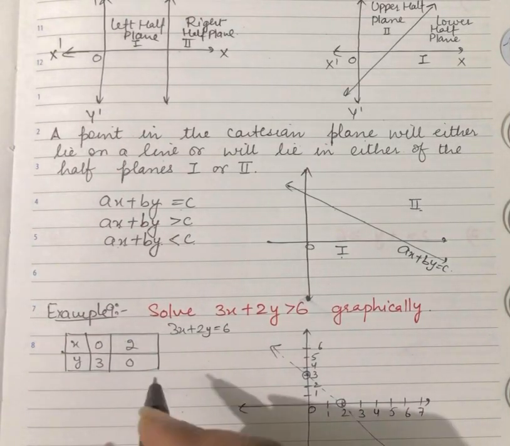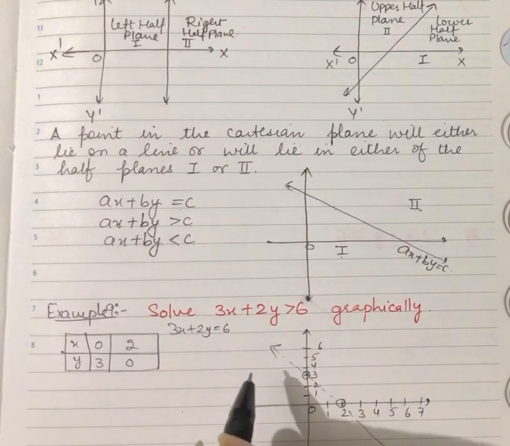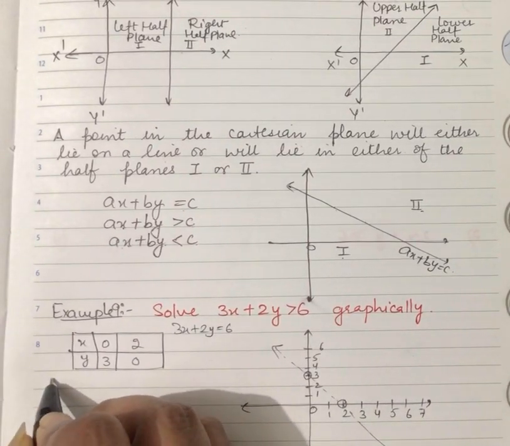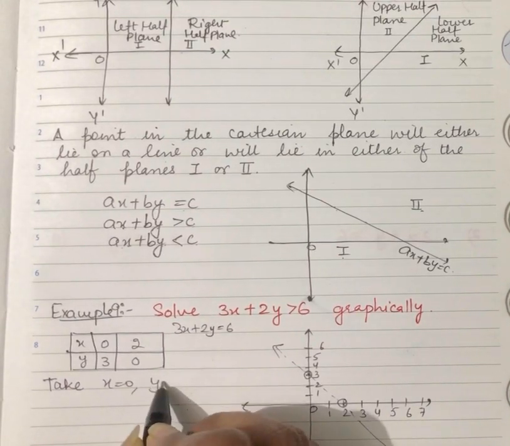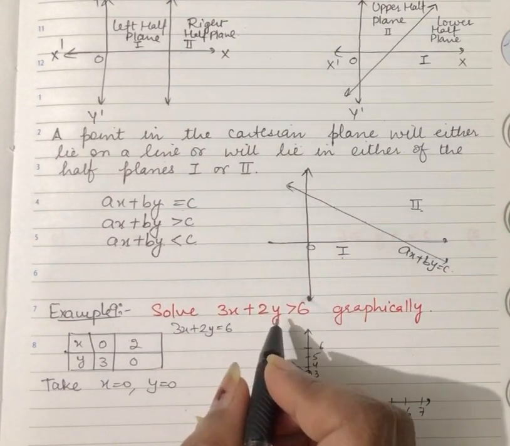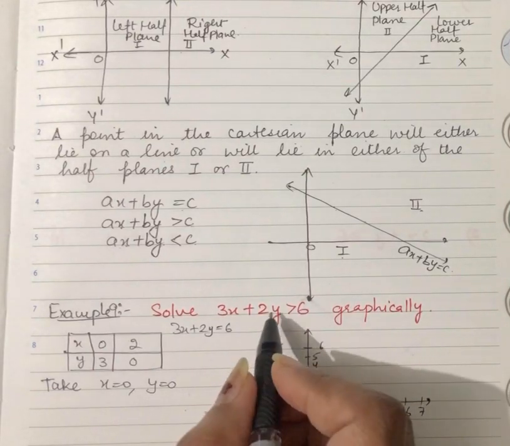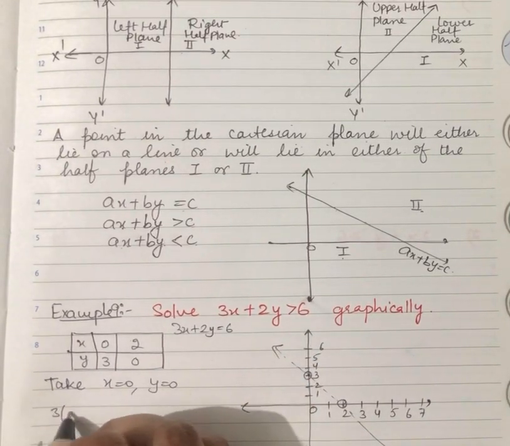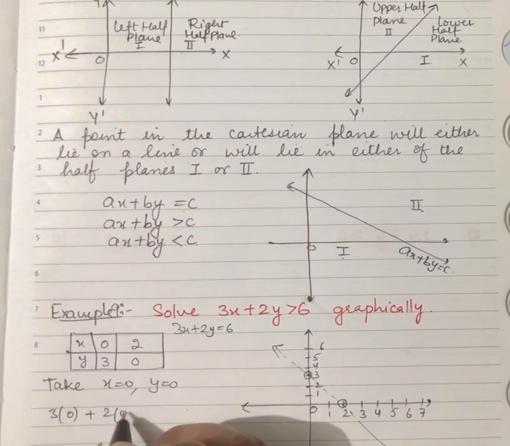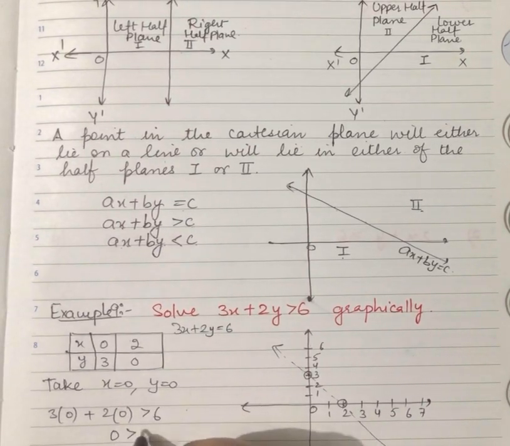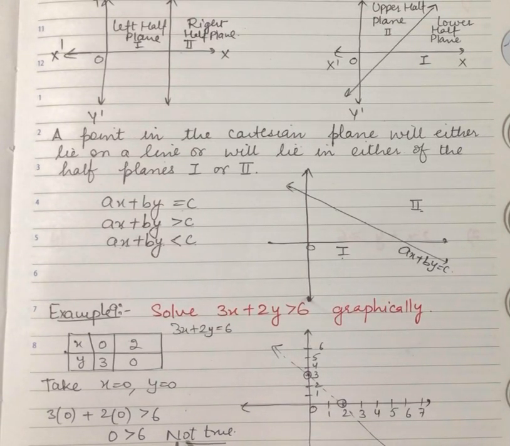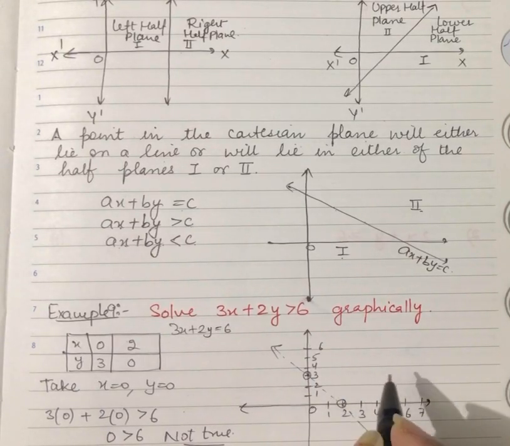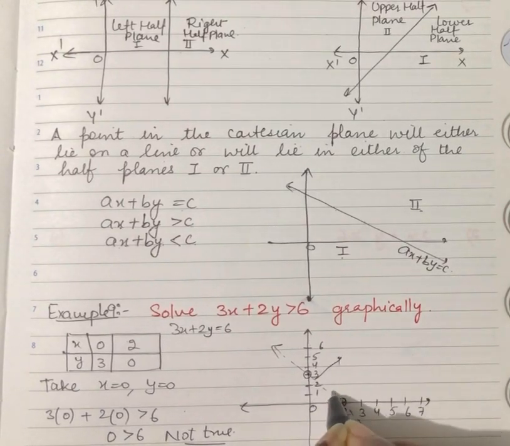Now we have to find the solution region. For this, what we do is we take a point, take x equal to 0 and y equal to 0. So what we will have, putting in this inequality, 3 into 0 plus 2 into 0 greater than 6, 0 greater than 6, this is not true, this is false. So the region will be away from origin, that is this half plane.